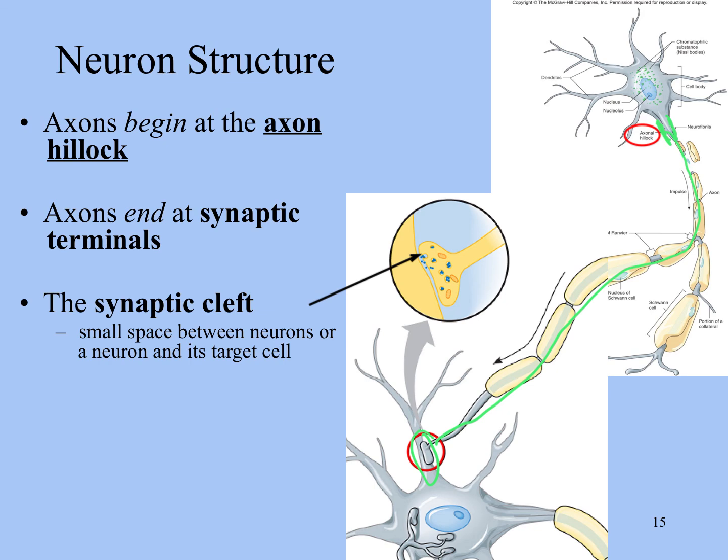And in between the synaptic terminal and the receiver of the signal from the synaptic terminal is something called the synaptic cleft. There is always a small gap between the synaptic terminal and the next cell that's being stimulated, across which neurotransmitters can be released.